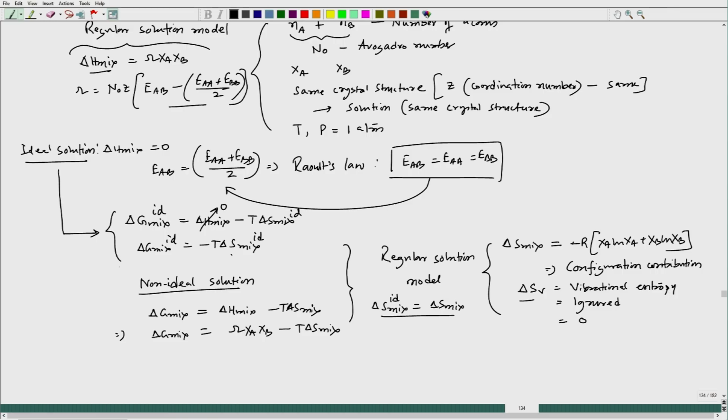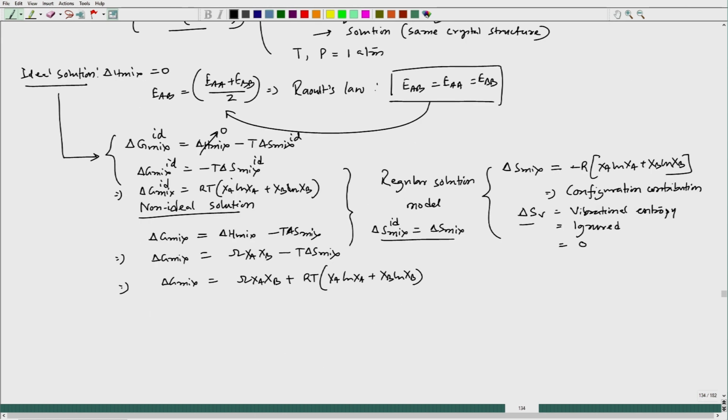We can write delta G mix ideal equal to R T times X A ln X A plus X B ln X B. Similarly, here I can write delta G mix equal to omega X A X B plus R T times X A ln X A plus X B ln X B. We have to find out what is the solution free energy in case of ideal as well as in case of non-ideal.